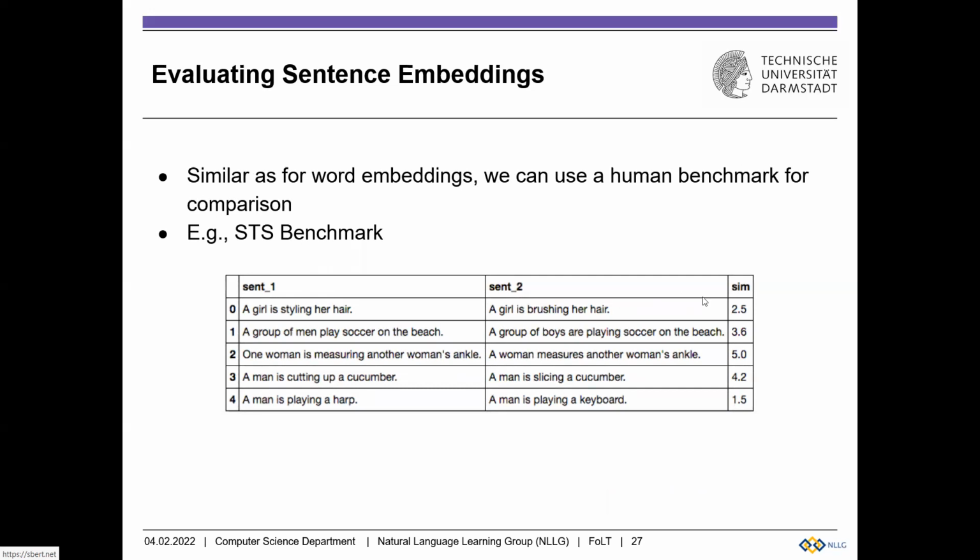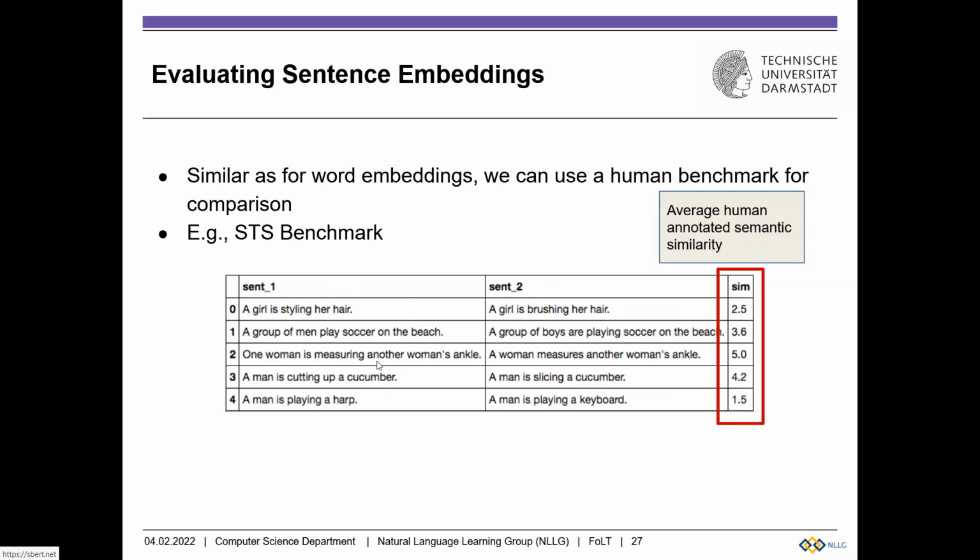And again, we have human annotators that annotate the similarity of those sentences on a scale from 1 to 5, where typically 1 would be low similarity and 5 would be high similarity. Even though it's a little bit surprising that styling and brushing is considered to be so dissimilar here, let's look at another example.